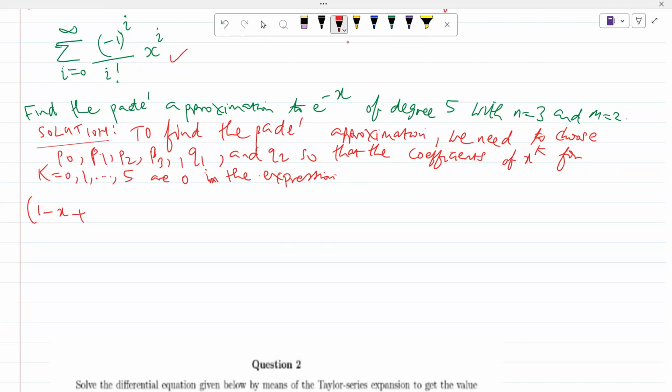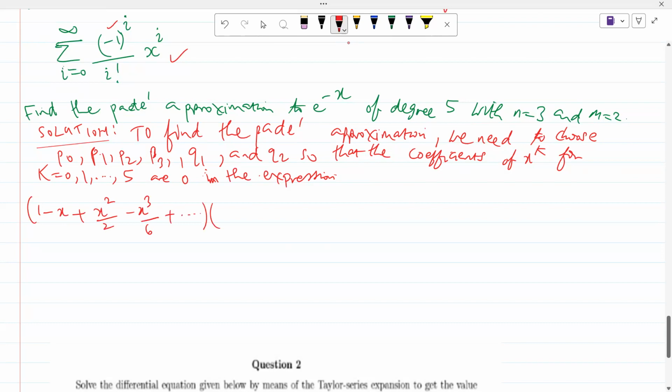So it's 1 minus x, then you have x squared over 2, then we have x cubed over 6. And then it alternates because it's minus 1 to the I. Right, you have this now.